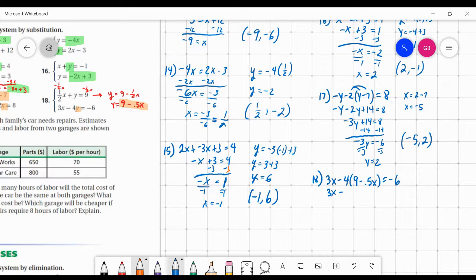Negative 4 times 9 is negative 36. Negative 4 times negative 0.5 would be positive 2x. Half of 4 is 2. And now I could combine like terms. 3x plus 2x is 5x.